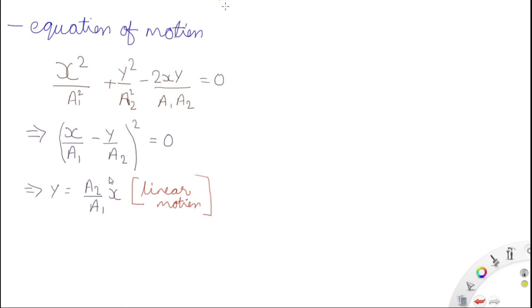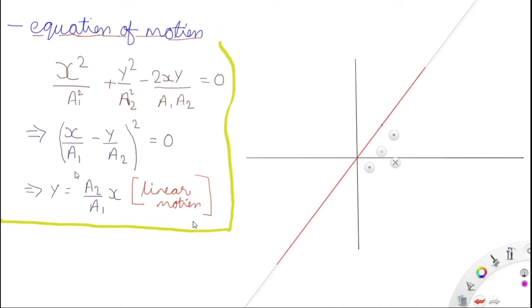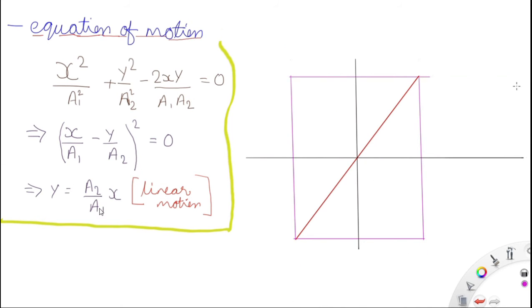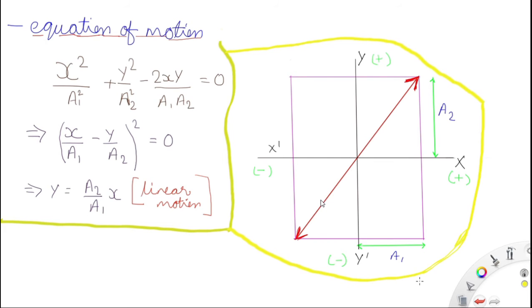It is a positive slope, since a2 is positive and a1 is positive. The slope will be anticlockwise, so θ will be anticlockwise. That will be the displacement, and this is the position.